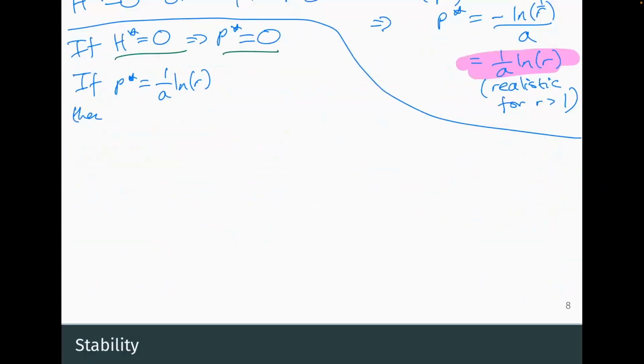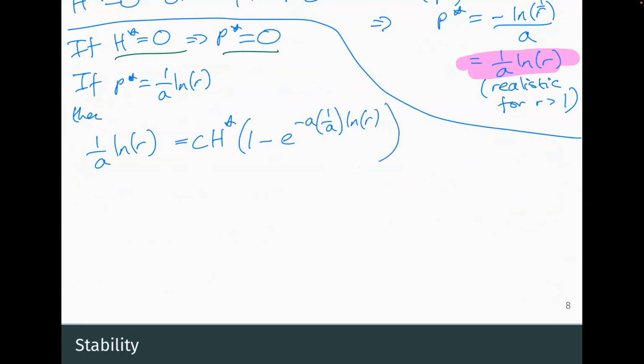We'll have 1 over a times log of r is equal to c h star times 1 minus e to the minus a times 1 over a log of r. These a's here are going to cancel. And again, we can use this identity over here. If I take the minus sign over to the other side, we've got a minus log of r. That's just going to equal log of 1 over r.